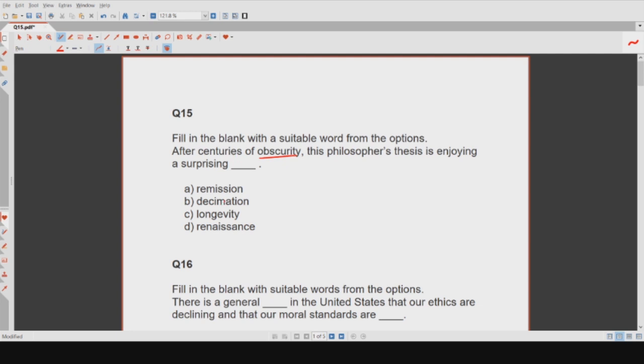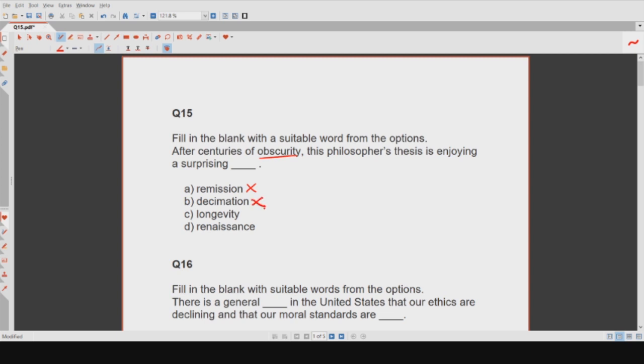Options given are remission. Remission means cancellation of a debt, charge, or penalty. So enjoying a surprising cancellation or penalty does not make any sense. So this option will get eliminated. Decimation. What does decimation mean? Decimation means the killing of every 10th person. So, no. It is completely a wrong option.